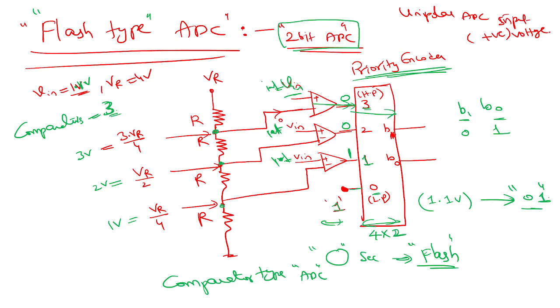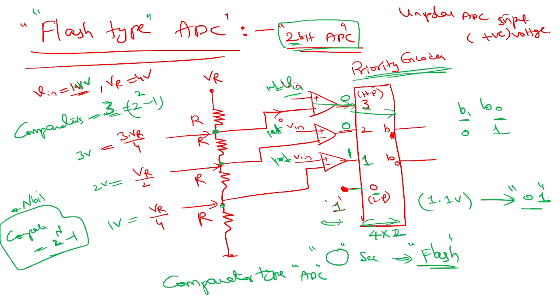So because I took 2 bits, that means 2 power 2 minus 1 is equal to 3. If I take n bits, the comparators will be 2 power n minus 1. Now you can imagine if it is a 3-bit ADC, you will need 7 comparators and 8 resistors. If it is 4-bit, the comparators are 15. If it is 5-bit, 6-bit, 7-bit, 8-bit, after one point of time the hardware becomes so bulky.